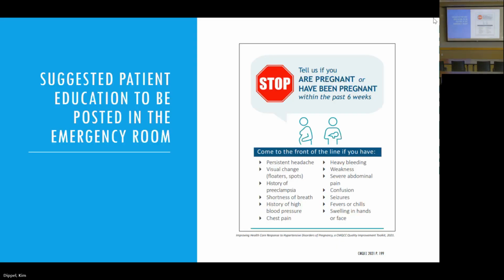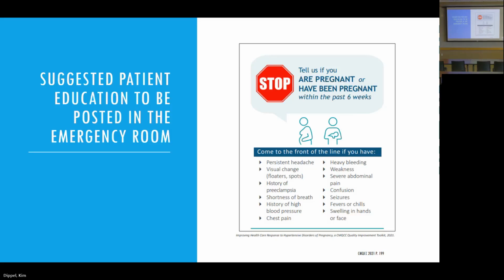I love this next slide too, only because I think some of our ED cohorts do a great job with triaging patients, but sometimes we miss some things. In the emergency room, pregnant women call maybe their OB person, and maybe they don't think it's an OB problem, but this again is free information from CMQCC that you can post in your emergency department.